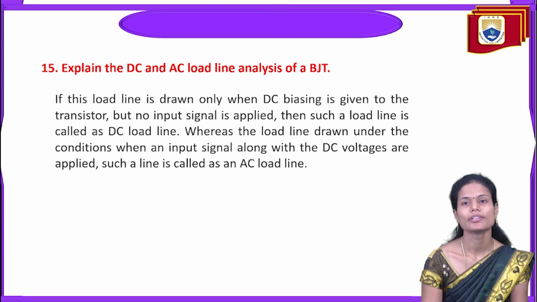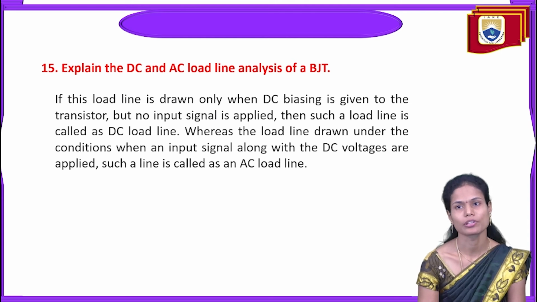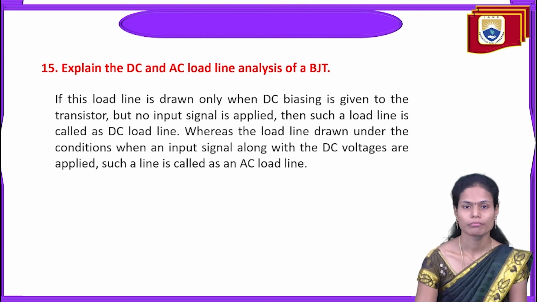Next, explain the DC and AC load line analysis of the BJT. The load line drawn only when DC biasing is given to the transistor and no AC signal is applied is the DC load line. But for the same load line, when we apply the AC signal as the input, the curve we get is the AC load line.